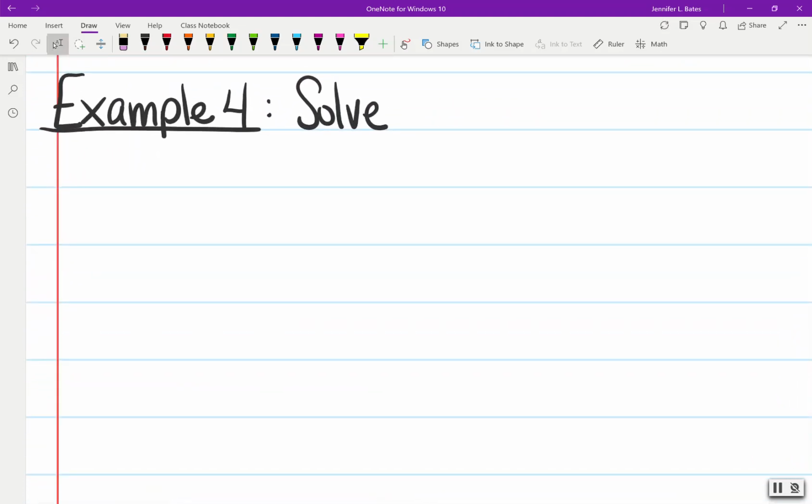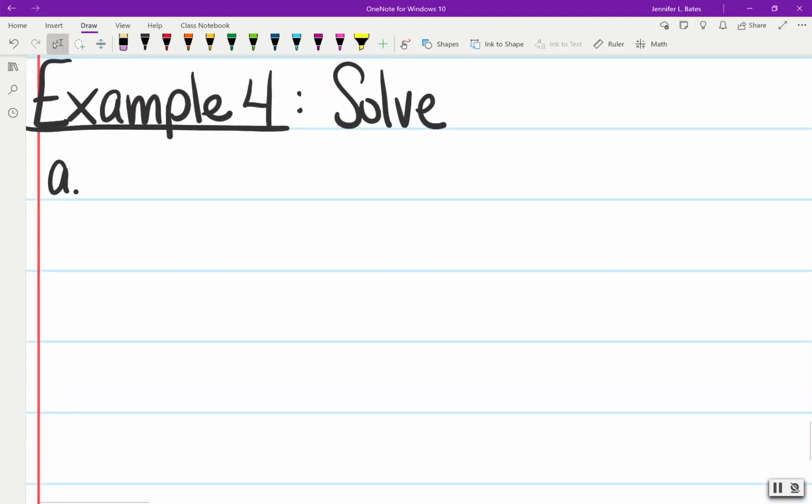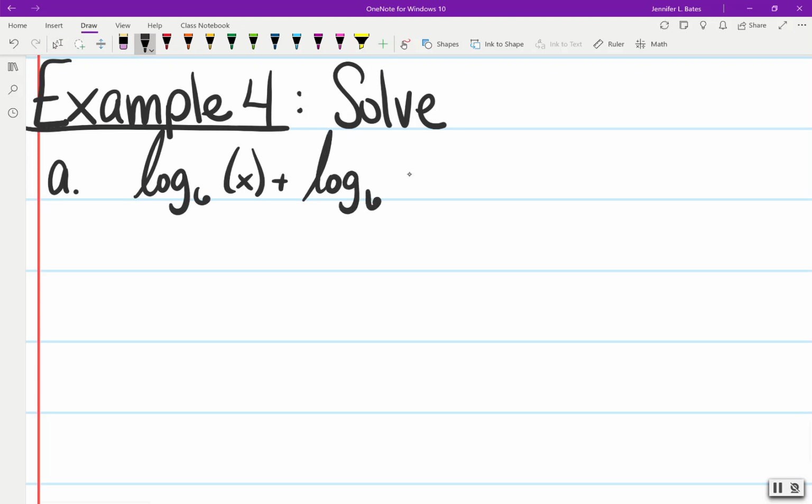So now we're going to use our log properties to solve equations. Here in problem A, we are given log base 6 of x plus log base 6 of x minus 9 is equal to 2.